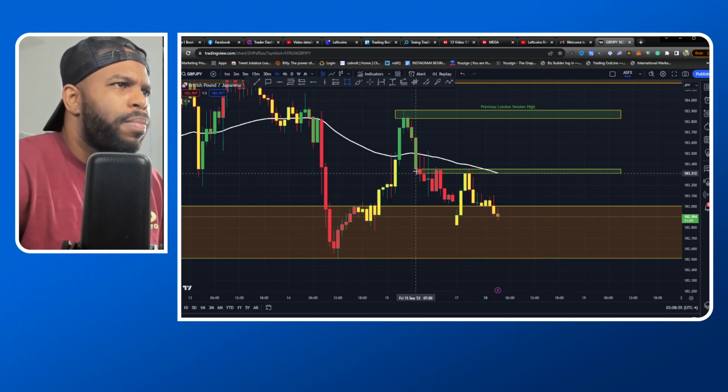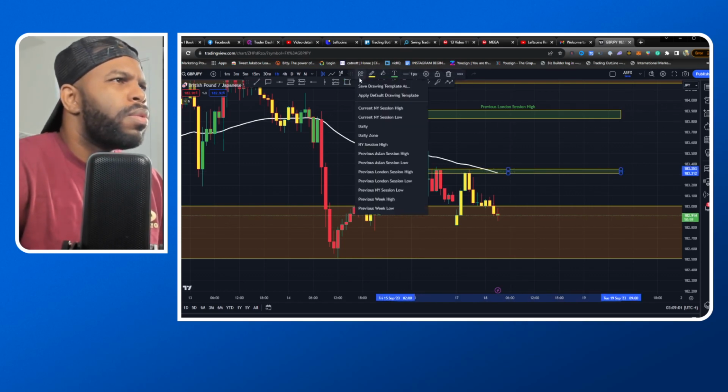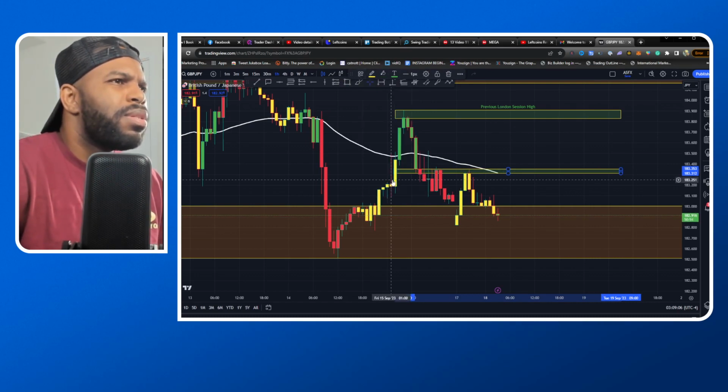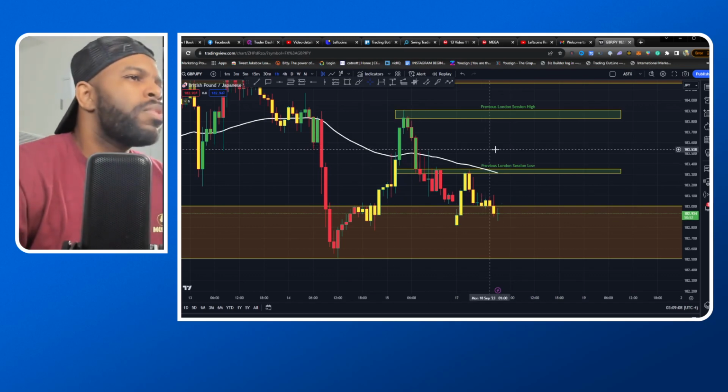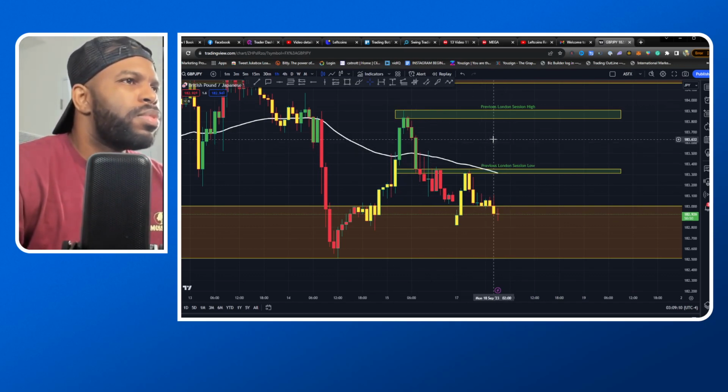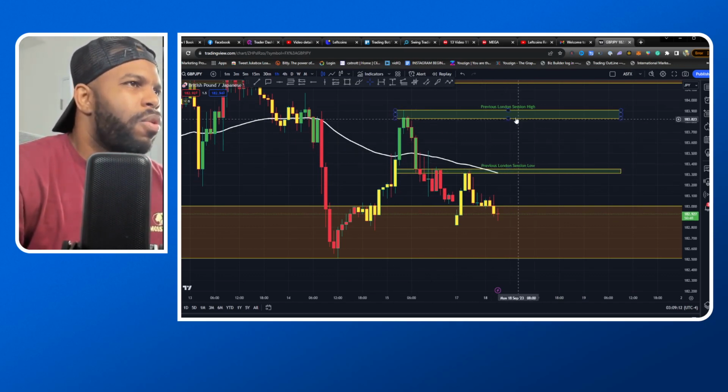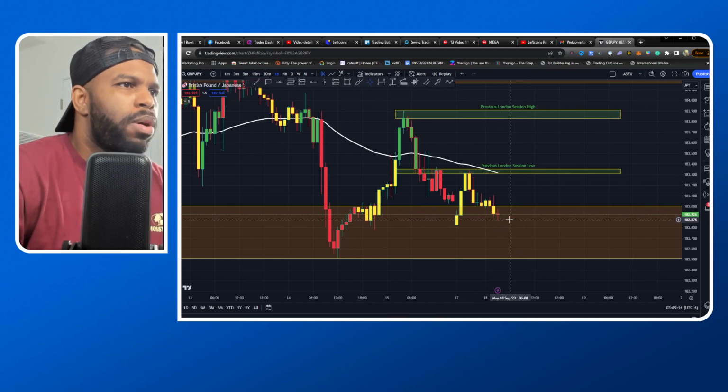Then I'll go to my templates, name that the previous London session low. So my previous London session highs and lows are way above where we are right now.